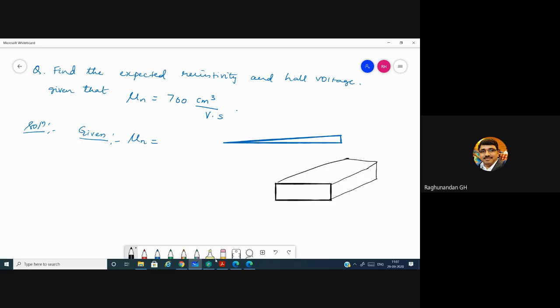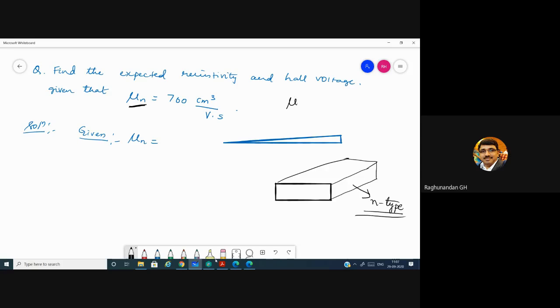But what you should observe is what is given. They have given mu n, the mobility of the electrons. When the mobility of the electrons is given, you should understand that the slab they have considered to analyze is N type.